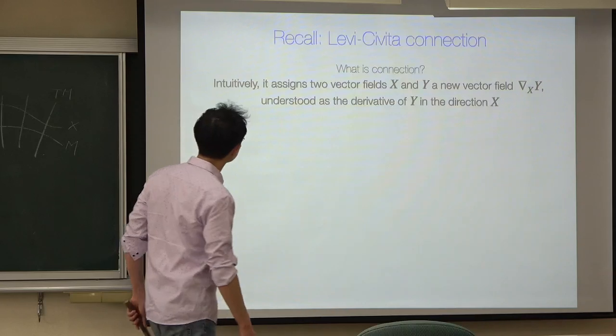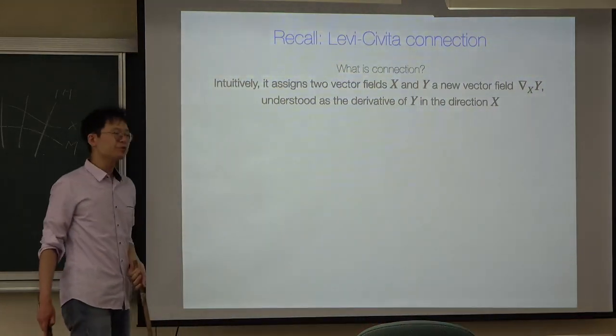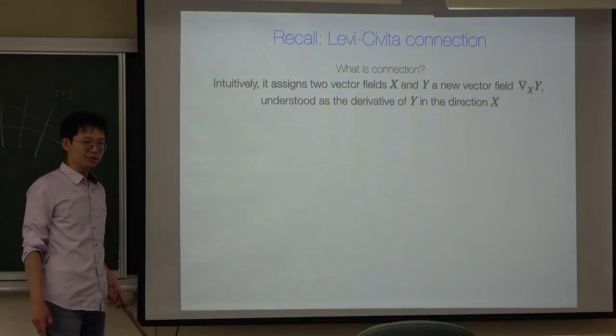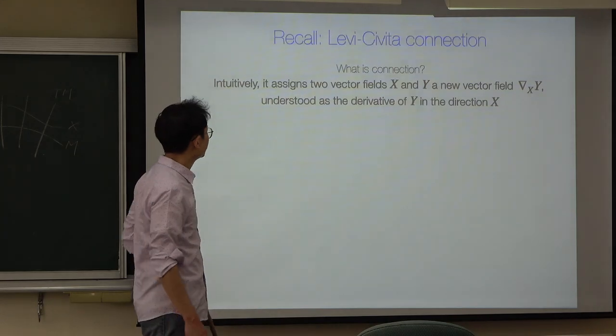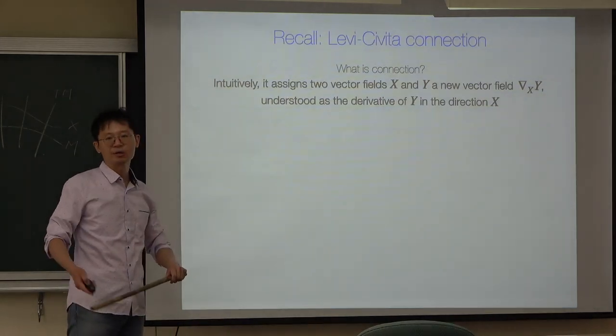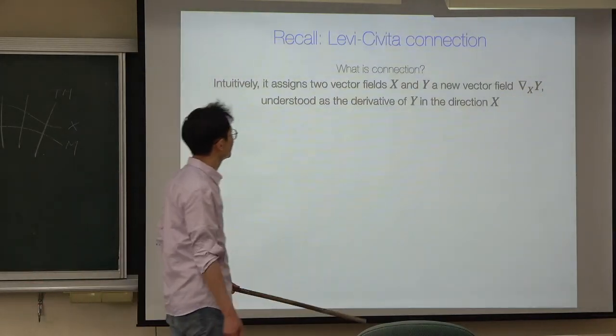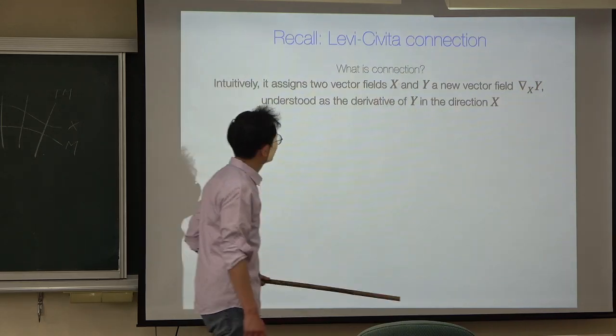Okay, so we will consider the Levi-Civita connection, which is a very specific connection under the differential geometry framework. The connection itself is a big field, and we will not go into it because that is too much. But you can find a lot of literature nowadays to describe what it is.